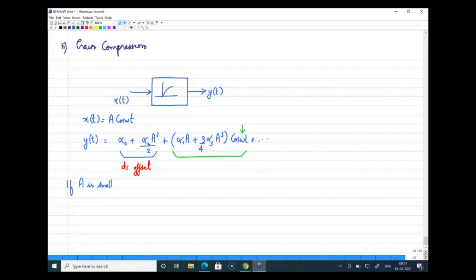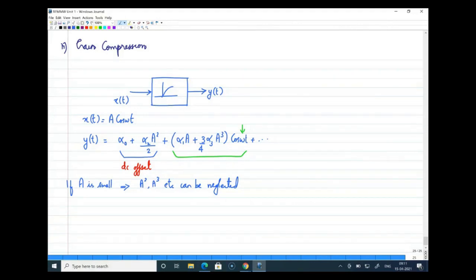If a is small, the terms like a square, a cube, etc. can be neglected. It is obvious because when we talk about small a, it can be in milli or microvolts, so the square or cubic terms will be still smaller than that.